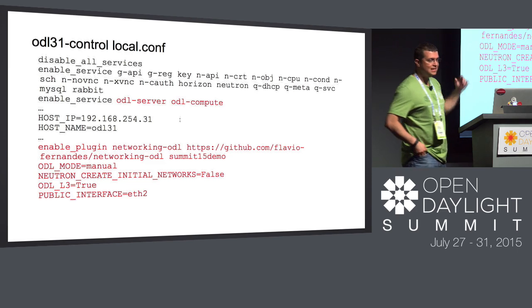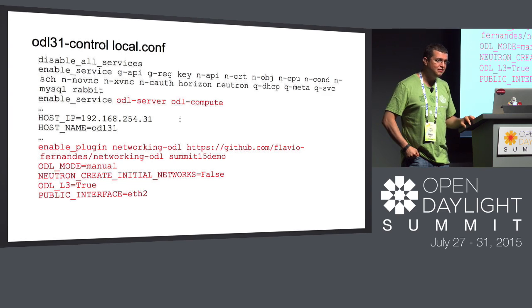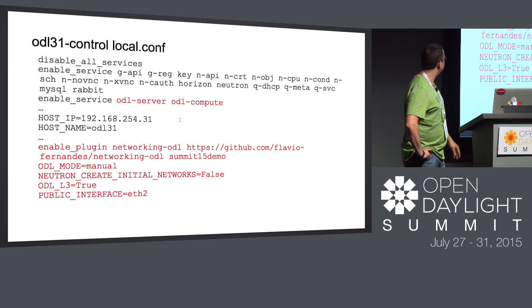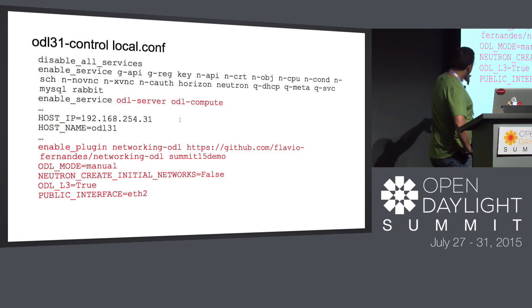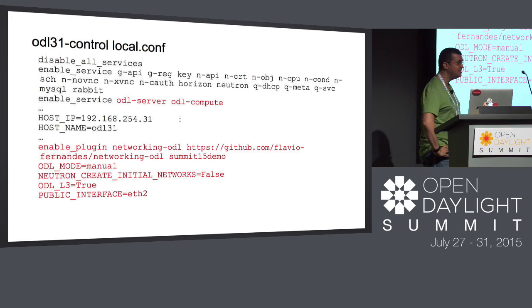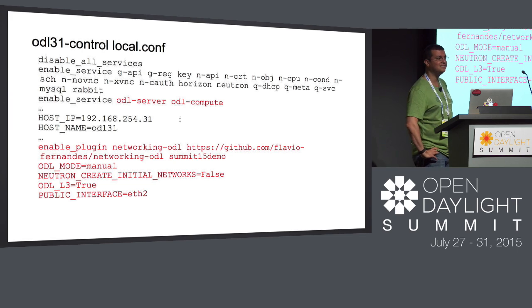We are using the ML2 networking ODL ML2, so that's why you'd see in red here, enable plugin networking ODL. We are using ODL L3, so with this, we're telling OpenStack to not turn on the L3 agent, not turn on the L2 agent at all. So that's why you won't even see Q-L3 enabled up there.